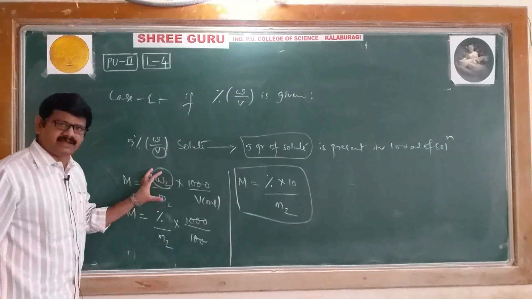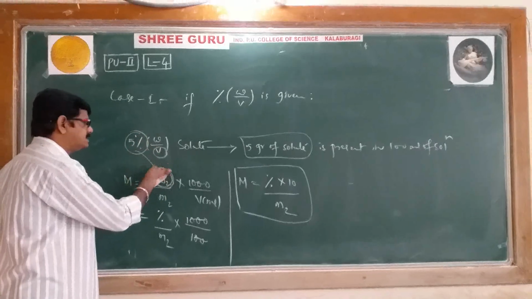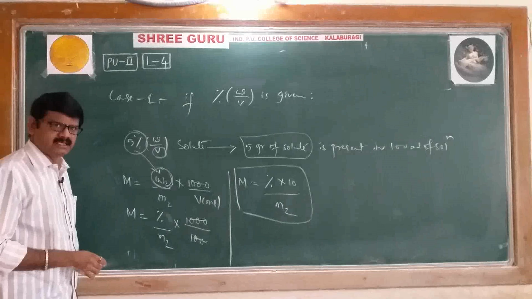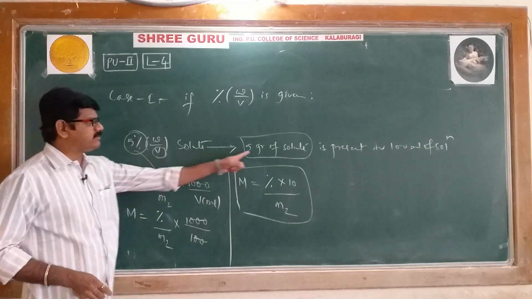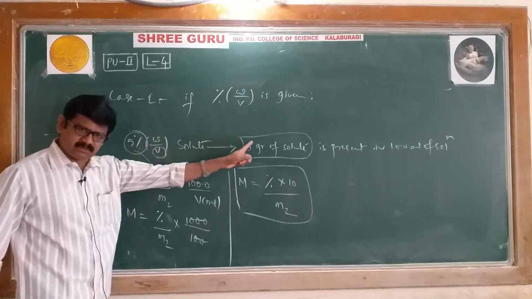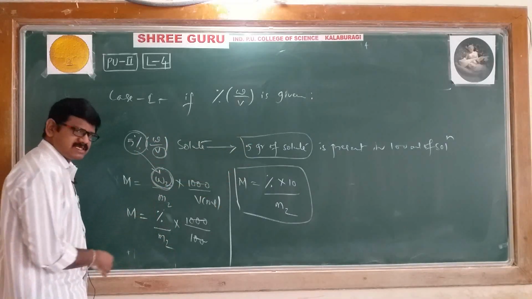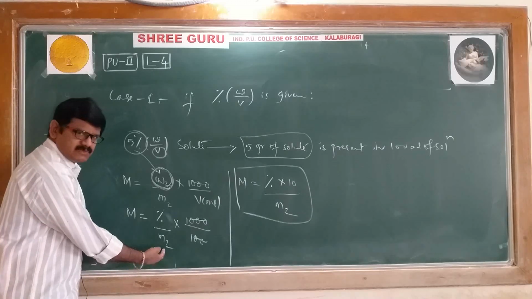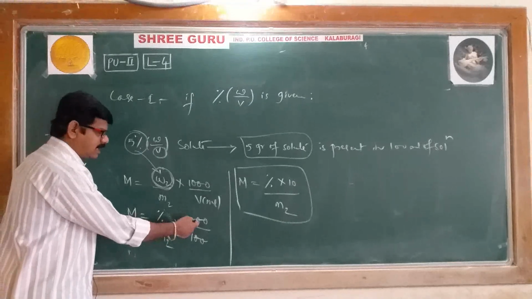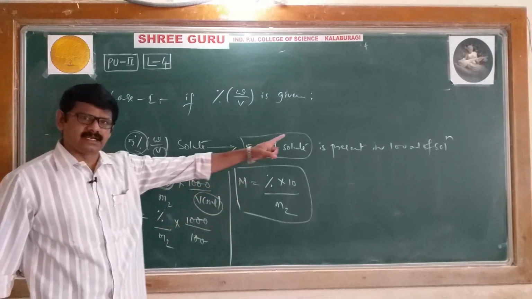In our regular molarity formula, whatever percentage is given is nothing but the mass of solute only. 5% is 5 grams, 10% is 10 grams, 100% is 100 grams. That's why instead of W2 I can write the percentage divided by molar mass, into 1000, divided by the volume of solution, which is 100 milliliters.